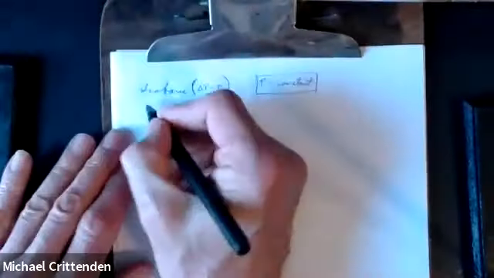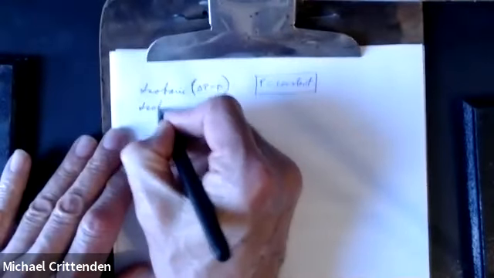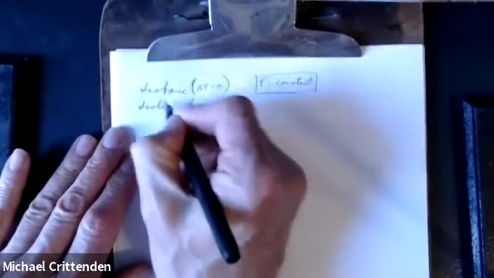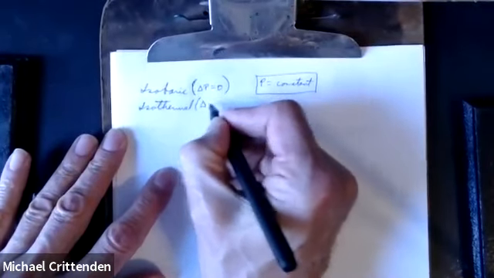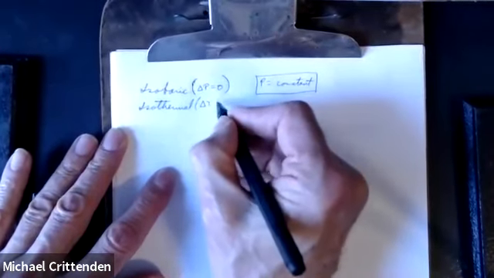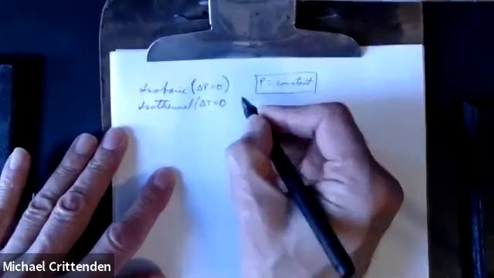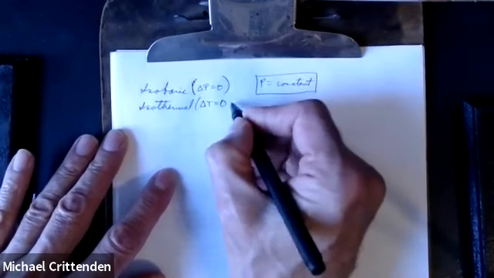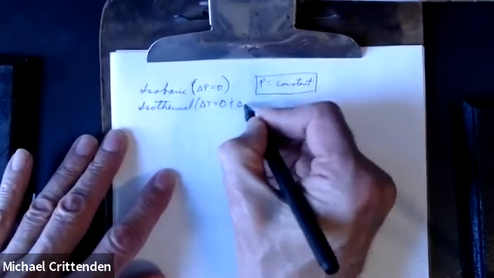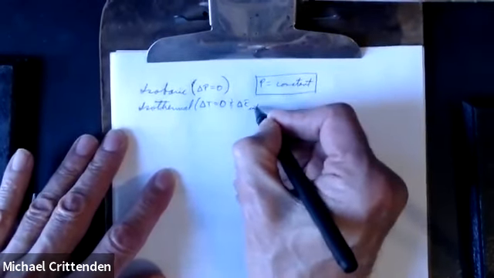For the isothermal case, which is constant temperature, in other words, delta T is equal to 0, and along with that, change in the internal energy also.